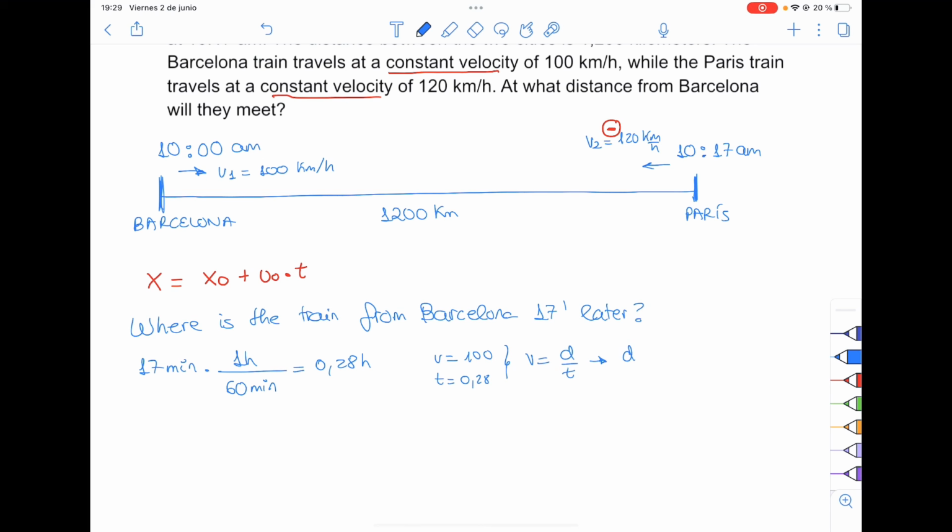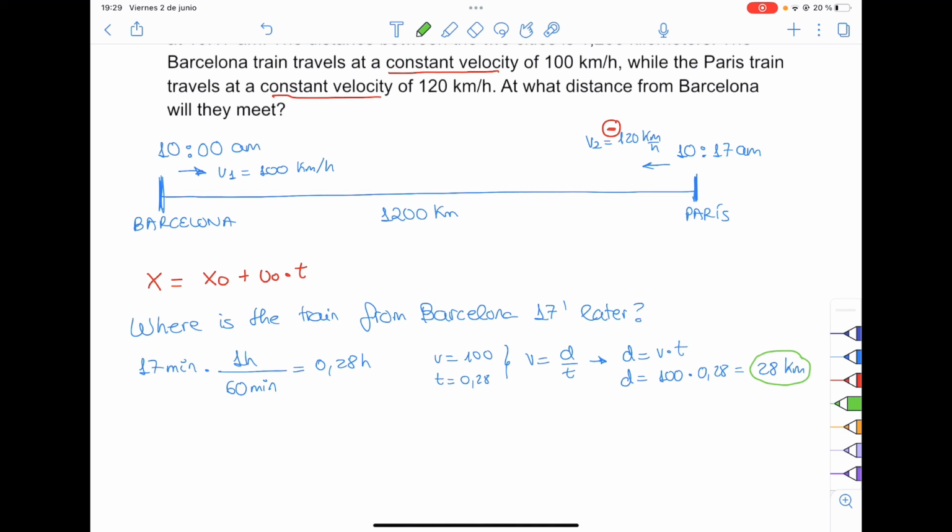I can do distance equals velocity times time. So distance equals 100 times 0.28, which is 28 kilometers. How do I know that I'm going to get this result in kilometers? Because the velocity is in kilometers per hour.